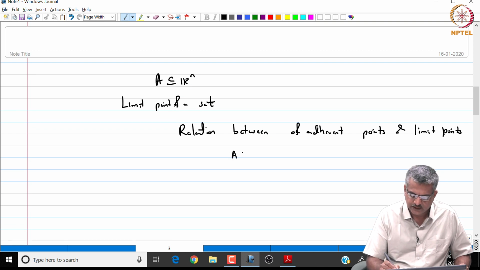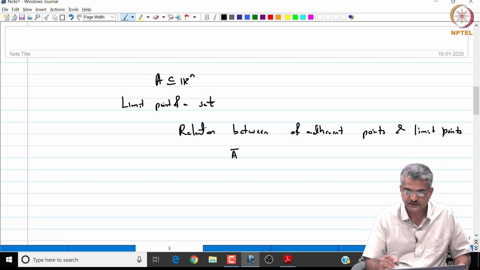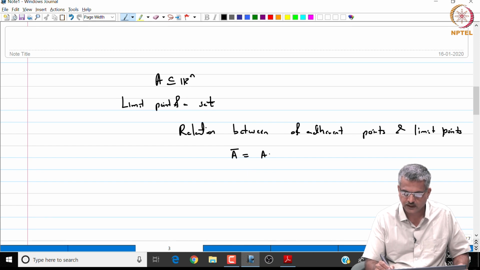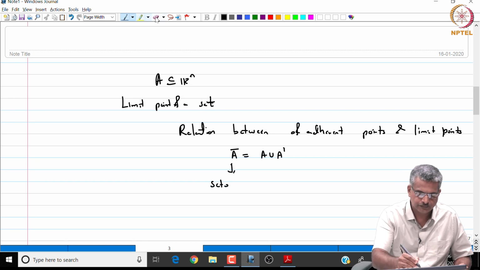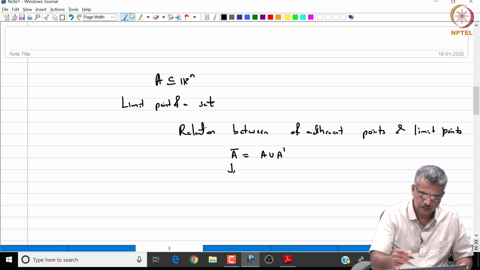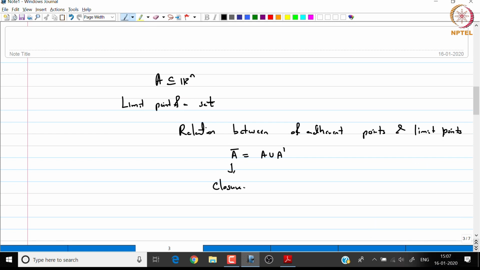The relation is that A closure, the closed set, is nothing but A union the set of limit points. This is the closure of A, and this is the set of limit points of A, or the set of all adherent points of A.